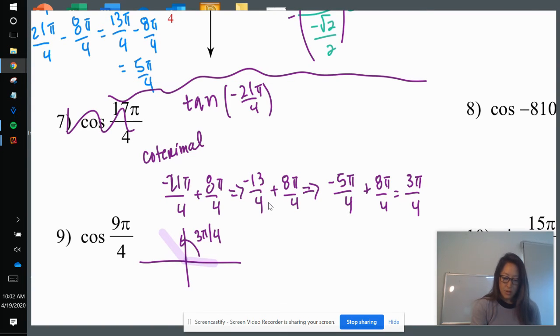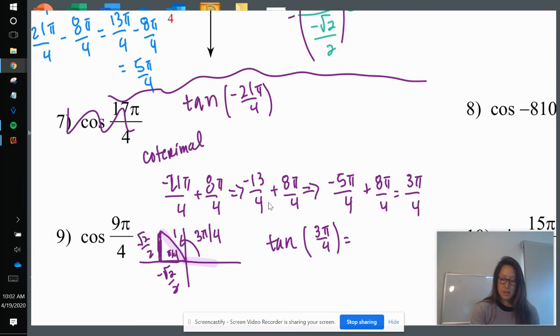So my reference triangle, connecting back to the x-axis, is pi over 4. I have side lengths of root 2 over 2, negative root 2 over 2, and 1. The tangent of 3 pi over 4 is the same thing as the tangent of negative 21 pi over 4 because they have the same terminal side.